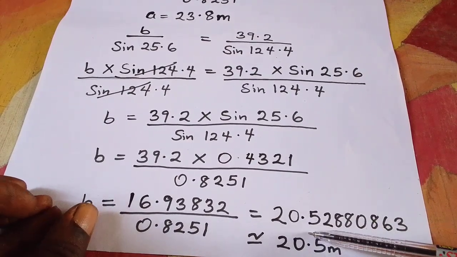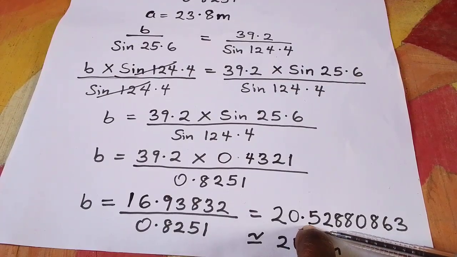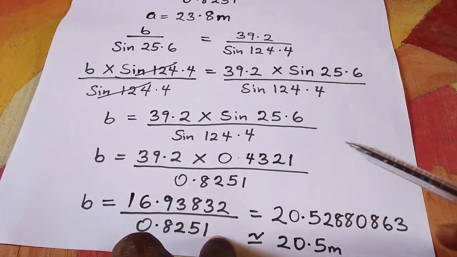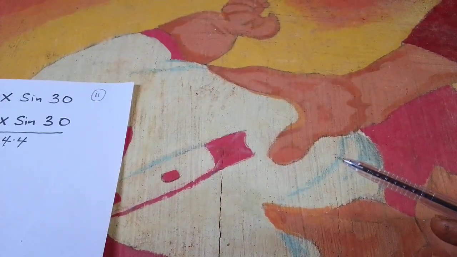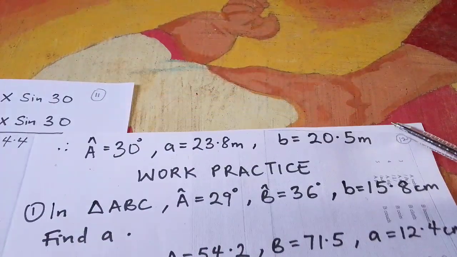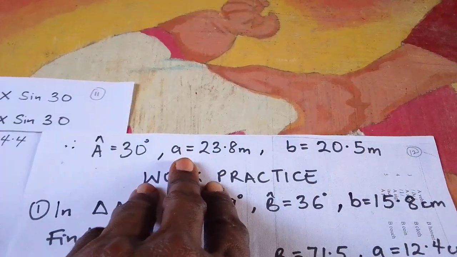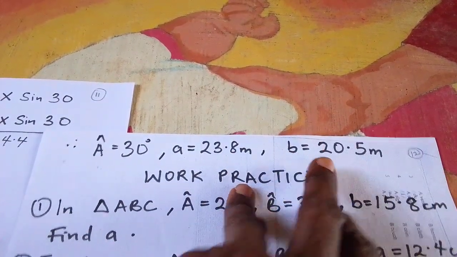To one decimal place, the next number after this one is 2, it's not up to 5, so you cut off the remaining numbers. So you'll be having 20.5 centimeters. So it means that angle A is 30 degrees, side A is 23.8 centimeters, and side B is 20.5 centimeters.